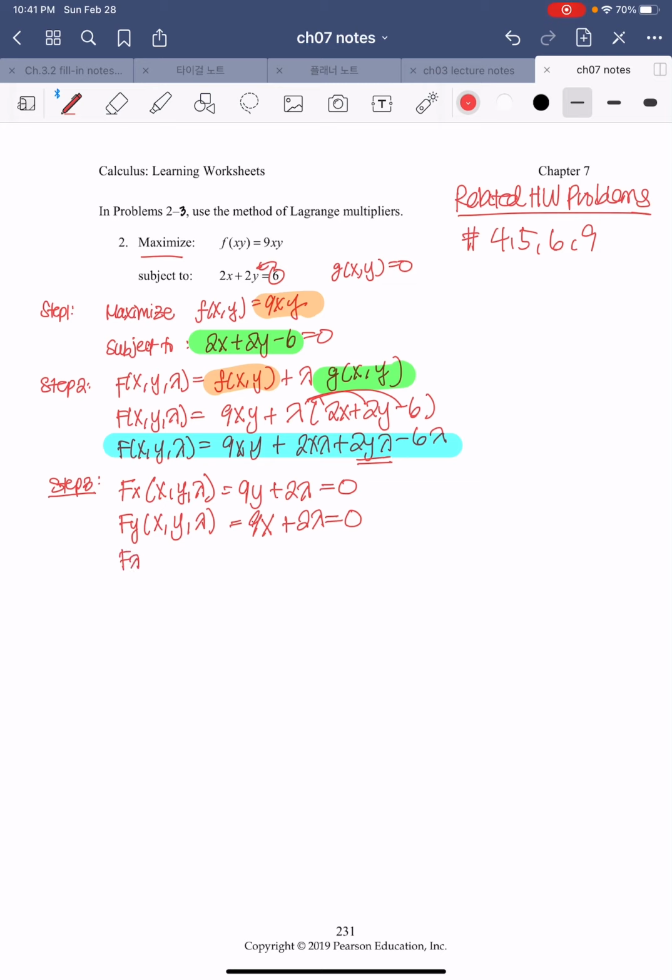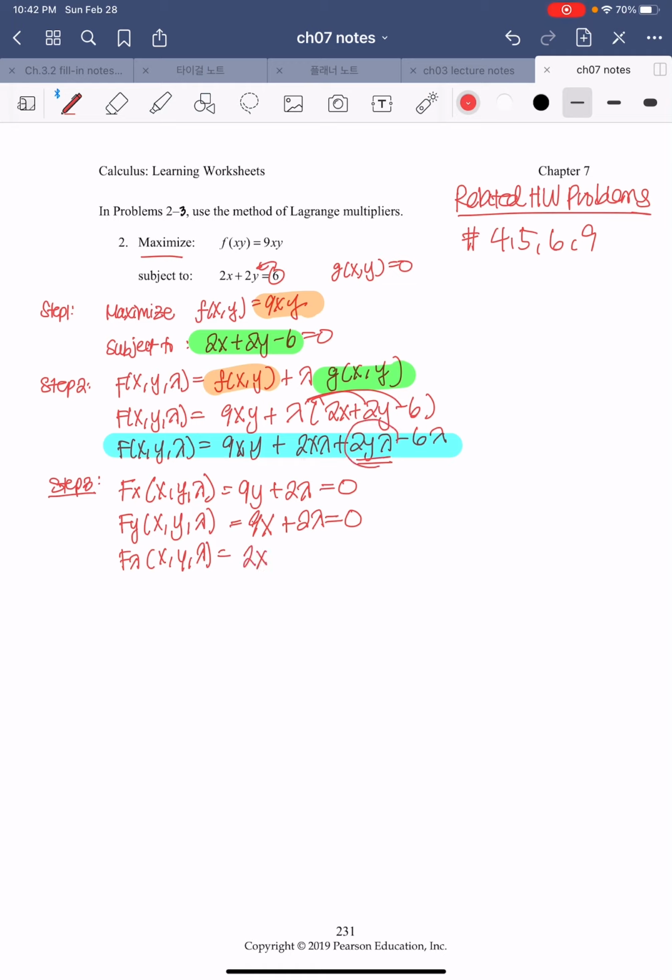F of lambda. This time I'm looking for the lambda term. So the first term disappears because they're all constant. Looks like I'm going to have to differentiate these 3 terms. Lambda is the variable, so 2x is a constant, so the first derivative term will be 2x.